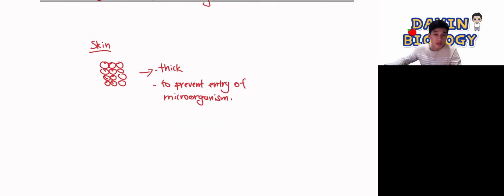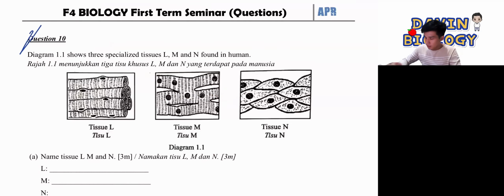Then next one, page 31. Name tissue L, M, N. So these three are muscle tissues. Let's name them one by one.